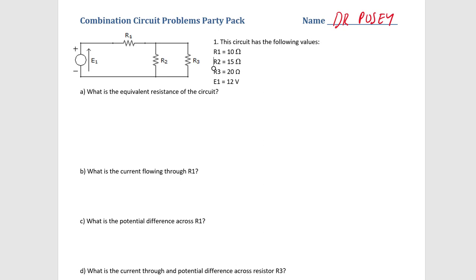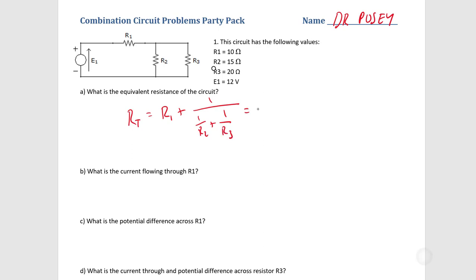Because I've got these two parts in series, I'm just going to add them together. So the resistance is going to be equal to R1 plus, and the part that's in series is actually in parallel, so it'll be the reciprocal of the addition of the reciprocals, like so.